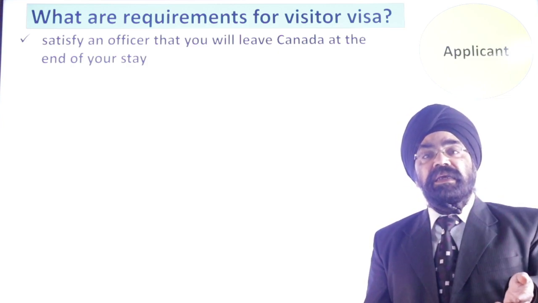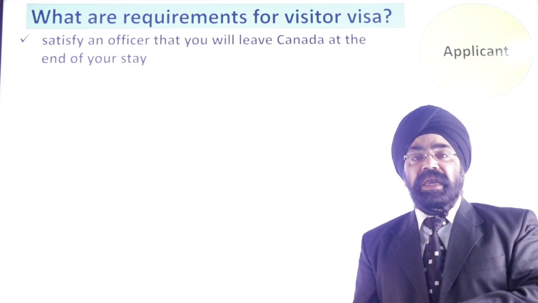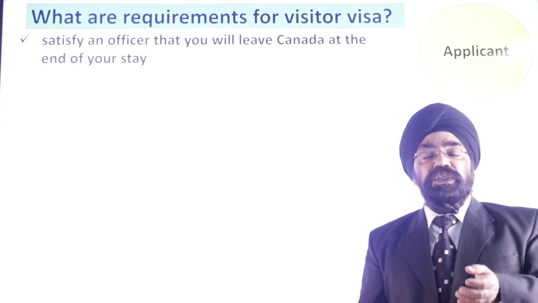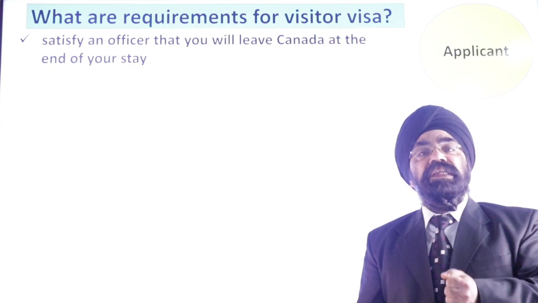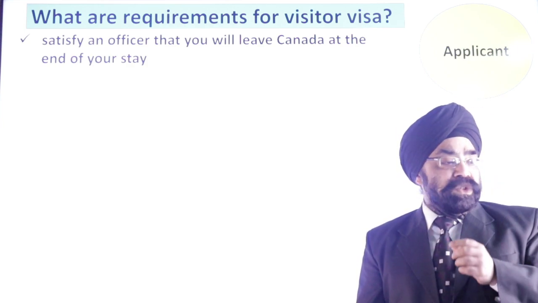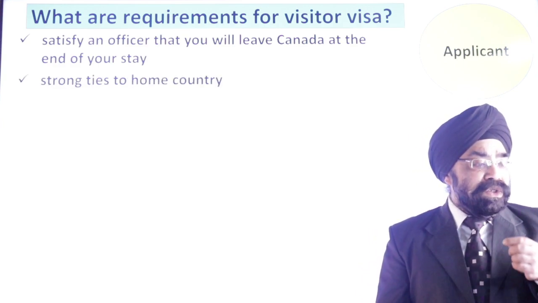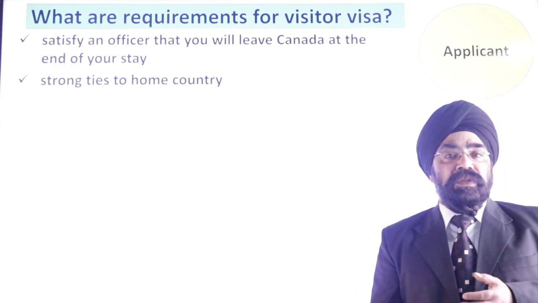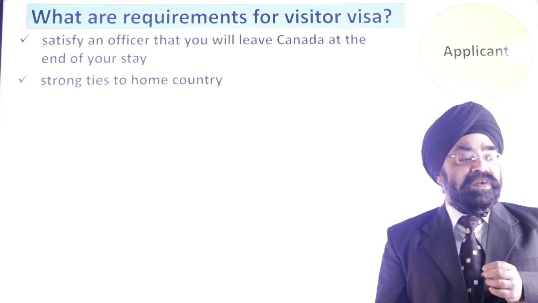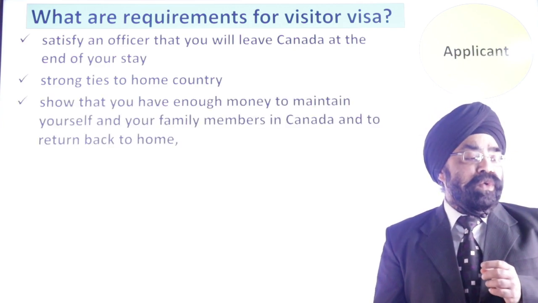It could be your land, your house, your bank account, your job, your family, or whatever. The stronger the ties to the home country, the higher the chances of getting the visitor visa to Canada. So again, show that everything revolves around the money. Show that you have enough money to maintain yourself and your family in Canada and return back to your home country.